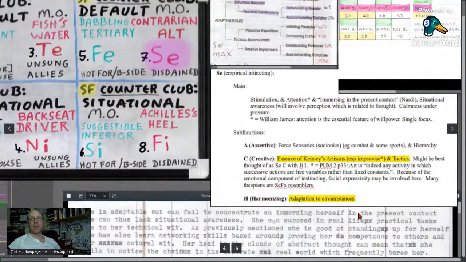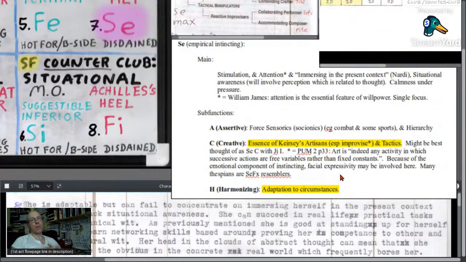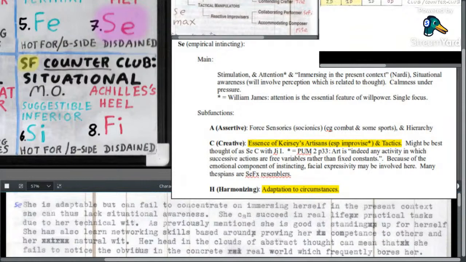And then Wilma, let's see what we got for Wilma with SE. She is adaptable, but can fail to concentrate on immersing herself in the present context. She can thus lack situational awareness. She can succeed in real-life practical tasks due to her technical wit. As previously mentioned, she is good at standing up for herself, so assertive SE.